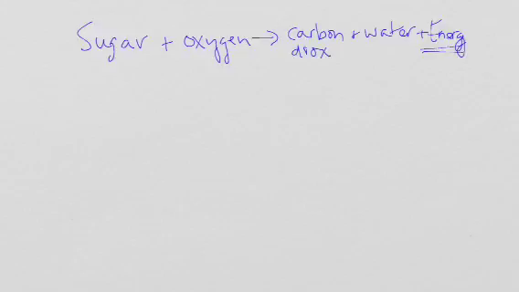Every mitochondria undergoes this actual reaction. And what happens here is this sugar ends up coming from the food we eat. So if I'm looking at cells in the human body, this oxygen comes in through the air we actually breathe in.